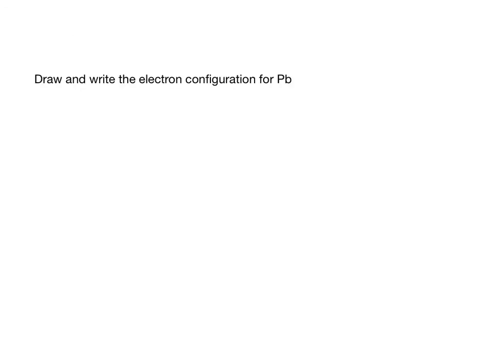So let's look at one more example, Pb, which is lead, which has 82 electrons. So in this case, I'm going to use the noble gas configuration. On the exam or any assignment, I will give you, it will directly say you can or you can't. So the previous one is going to be xenon.